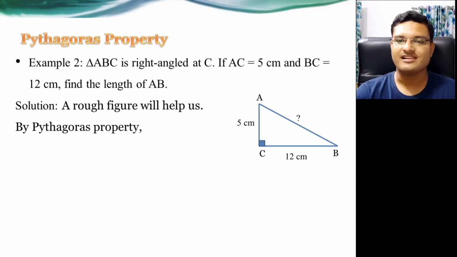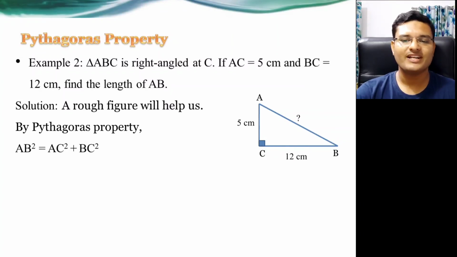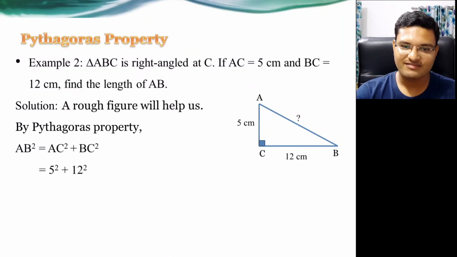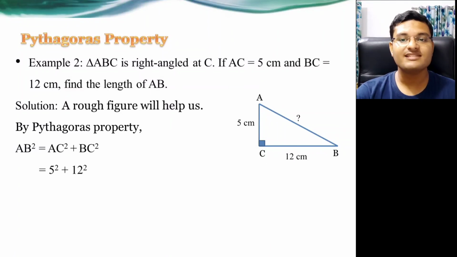We can find the length of the hypotenuse from the Pythagoras property. By the Pythagoras property, we can write that AB square is equal to AC square plus BC square. Now we know the value of AC is 5 cm, so we put that in the equation: 5 square plus BC square, which is 12 square.